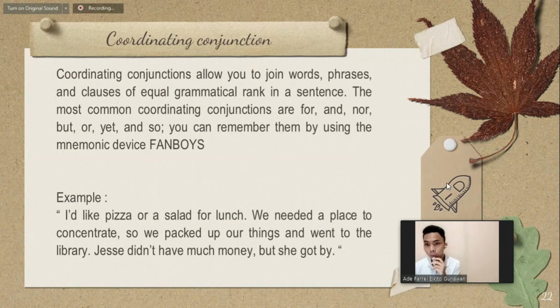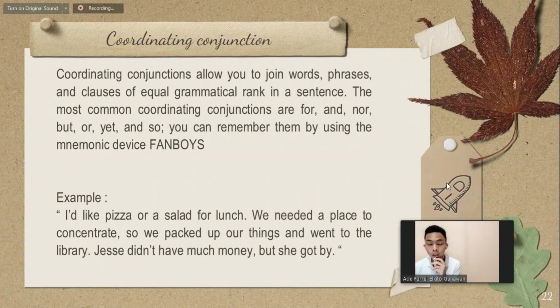You can remember them by using the mnemonic device of fanboys. For example, here are some example of coordinating conjunction. I'd like pizza or salad for lunch. We need a place to concentrate, so we pack up our things and went to the library.